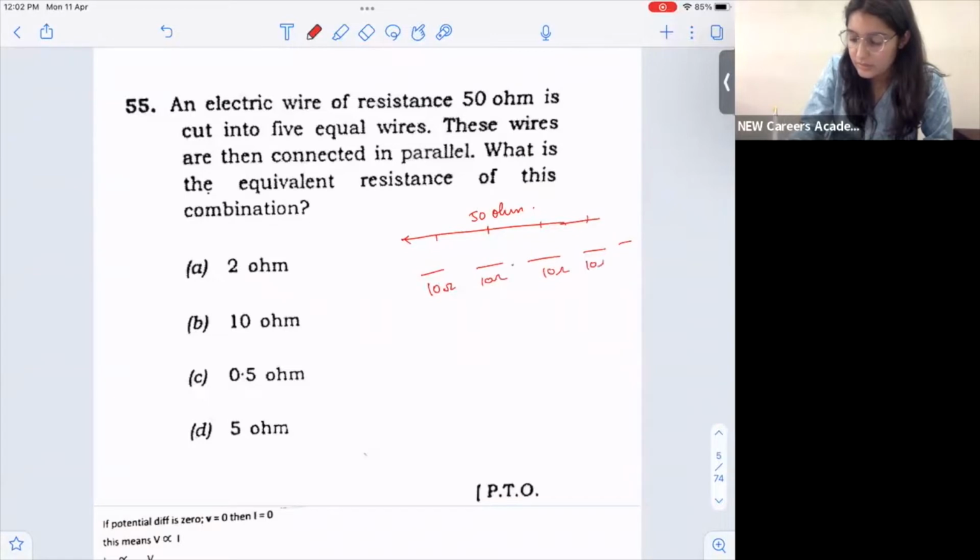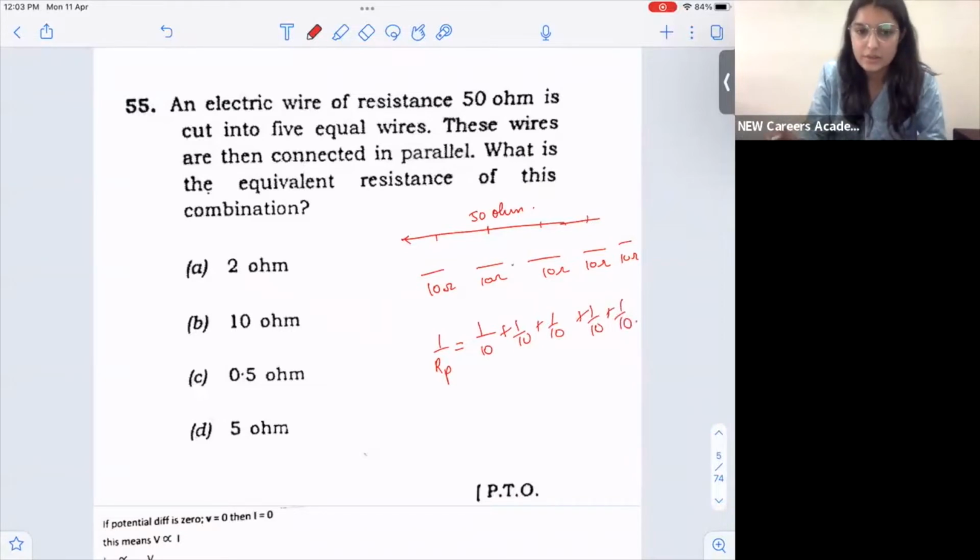Now, if we connect these 5 pieces in parallel combination, the equivalent resistance would be, formula for equivalent resistance for parallel circuit is 1 upon R1 plus 1 upon R2 and so on: 1 upon 10 plus 1 upon 10, 1 upon 10 plus. So the equivalent resistance would be 2 ohms.